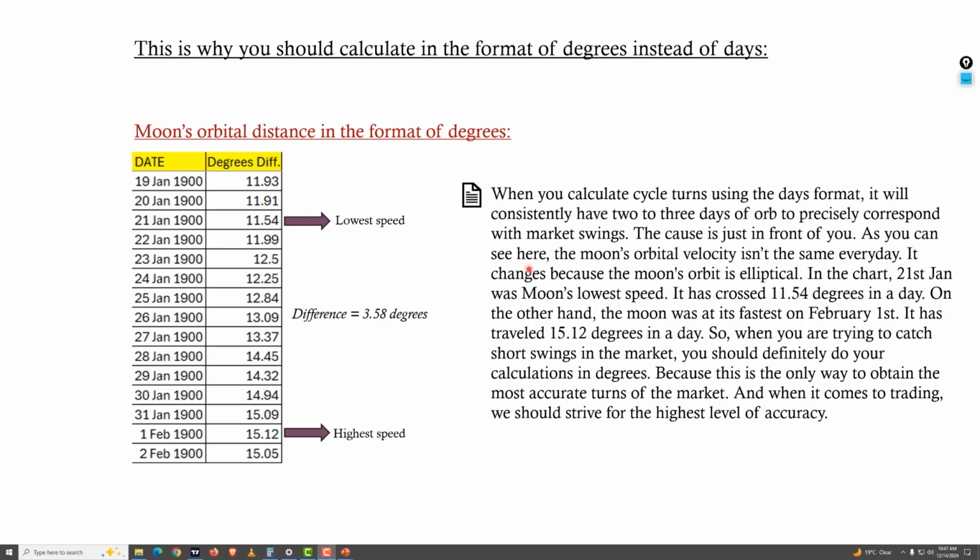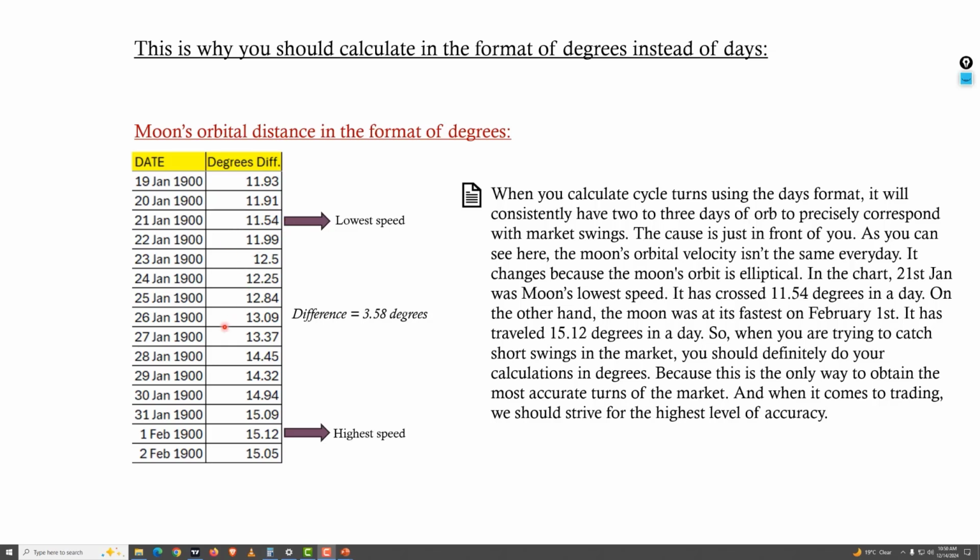As you can see here, the moon's orbital velocity isn't the same every day. It changes because the moon's orbit is elliptical. In the chart here, okay, you can see 21st January of 1900, it was the moon's lowest speed. It has crossed 11.54 degrees in a day.